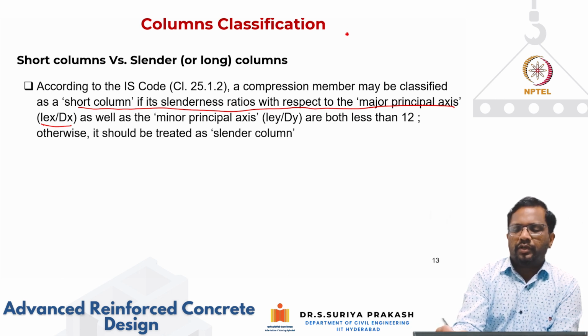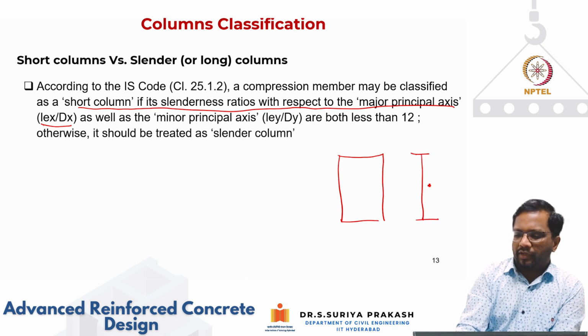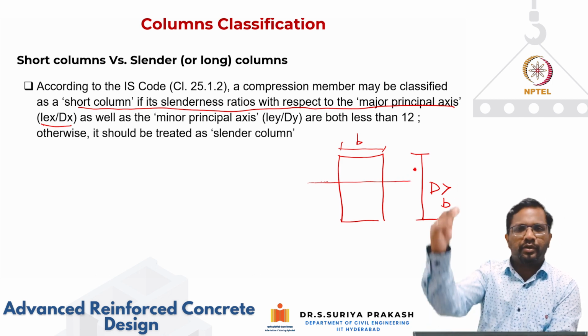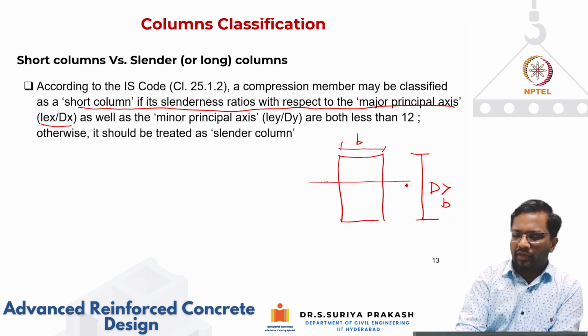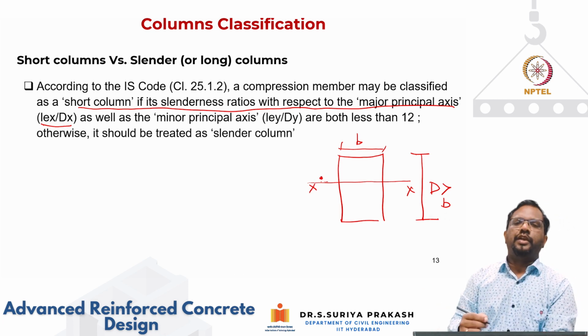definitions, the major principal axis is actually considered as the x-axis. In other words, if I take this cross section, let's say this is a larger depth D, which is larger than b. So whatever axis I'm taking which is perpendicular to the longer dimension, that axis I'm going to call the x-axis or major axis of bending.